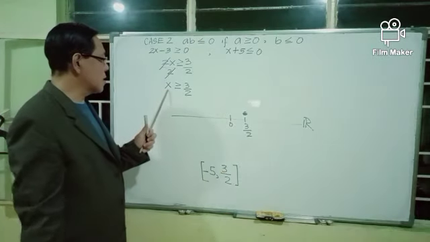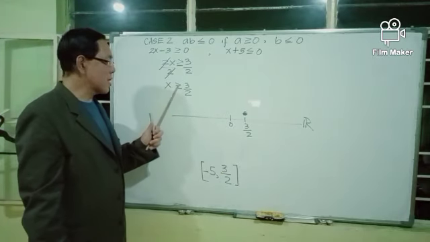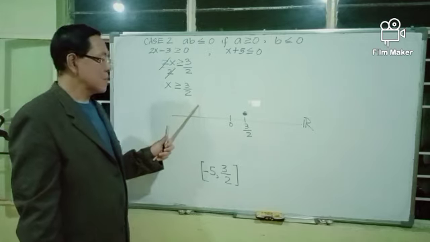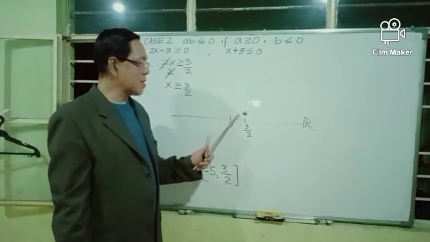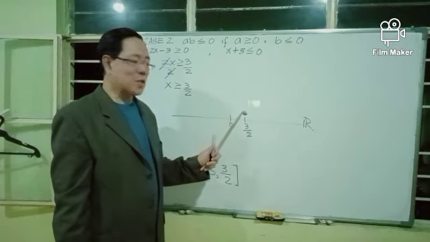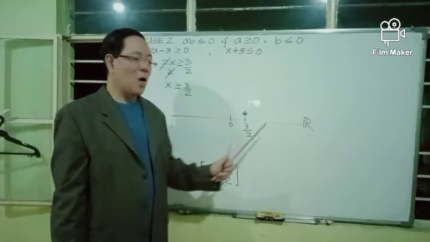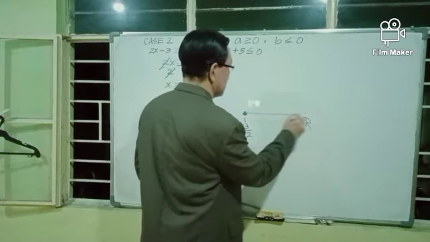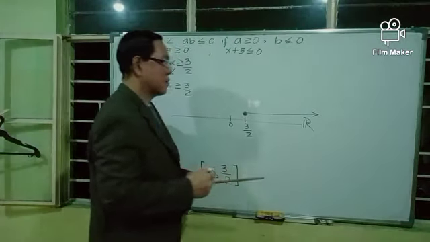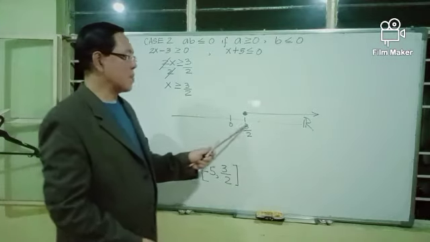Other solutions are the real numbers that are greater than 3 over 2. In this diagram, these are the real numbers to the right of 3 over 2, up to positive infinity.